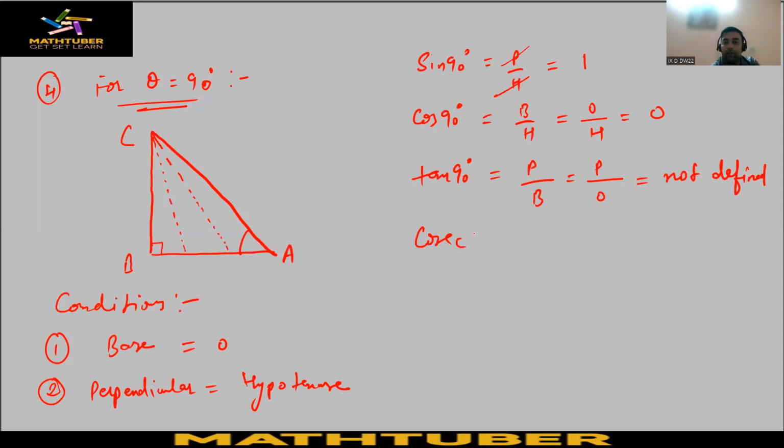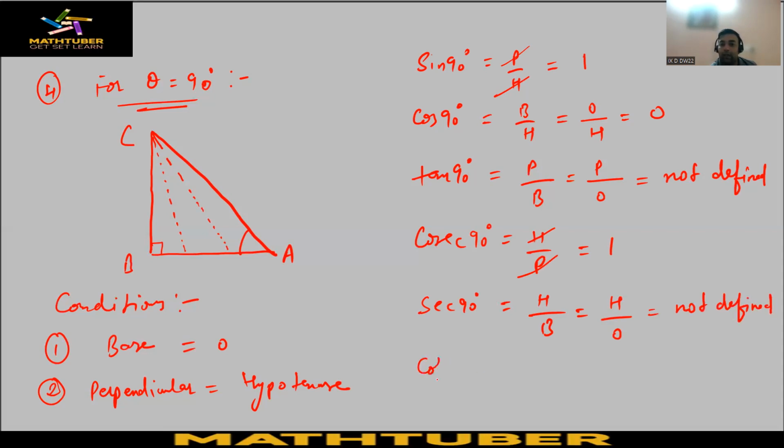Similarly, we can find out the values of cosec 90 degree, which is h upon p. Again, these are equal according to second condition, so we can cancel them. So cosec 90 degree is 1. Then sec 90 degree will be equal to h upon b, and therefore h upon 0, and its value will be not defined here.